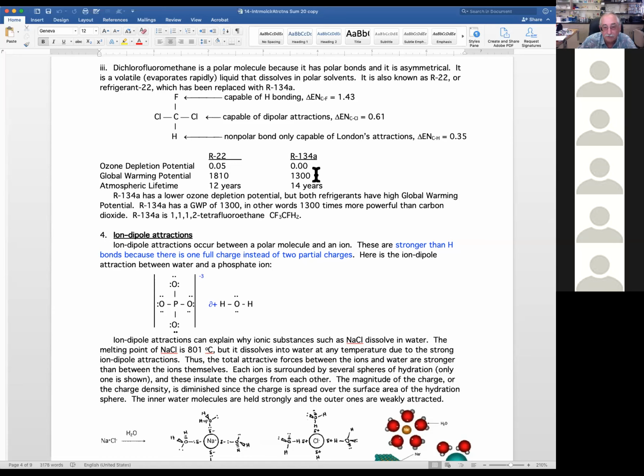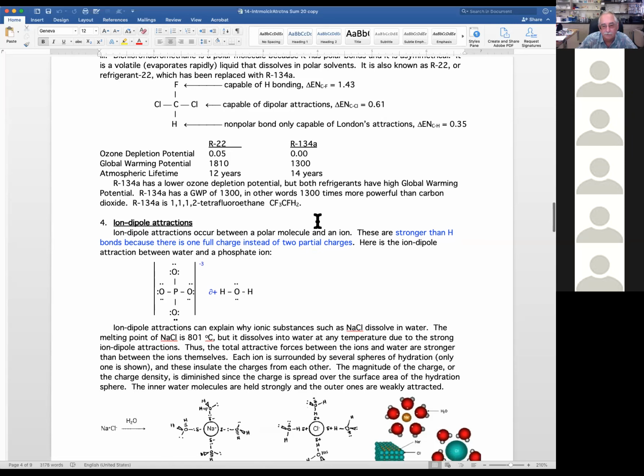That means it's 1300 times more powerful than carbon dioxide. So yeah, we got to take care of this stuff. We can't let this go into the atmosphere. It's just devastating. Besides destroying the ozone.